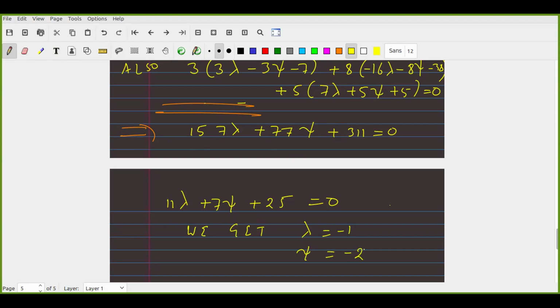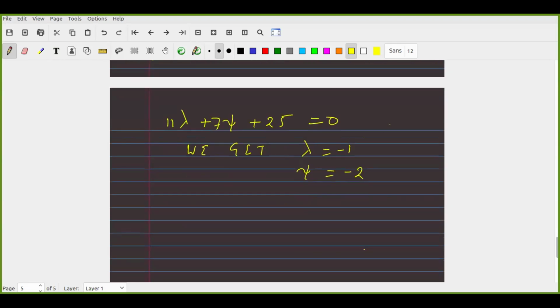Now substituting back the values of lambda and xi in the P1 and P2 coordinates, we finally get P1 equal to (5, 7, 3) and P2 coordinates will be (9, 13, 15).